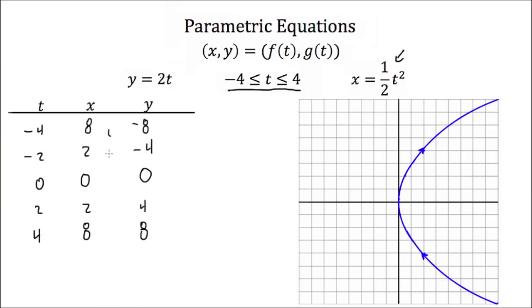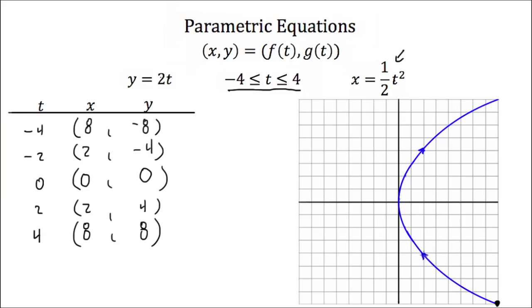So now I'm going to plot these xy coordinates. At t equal to -4, I'm at 8, -8. That is right here in the corner of our graph. At t equal to -2, I'm at the point 2, -4.